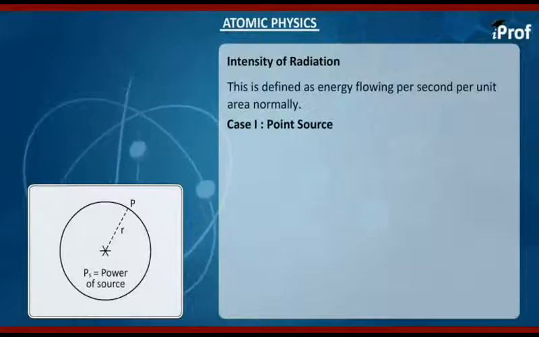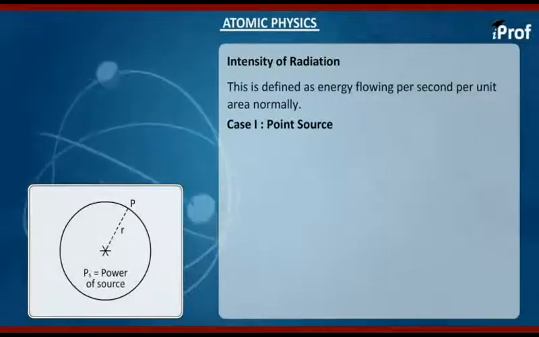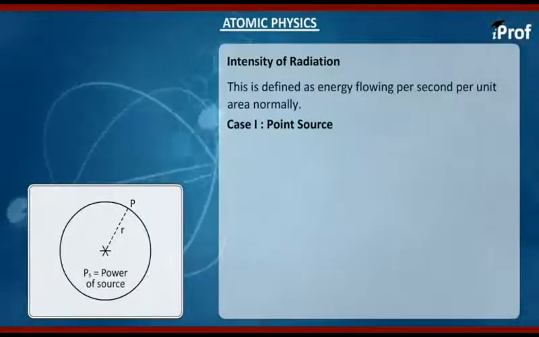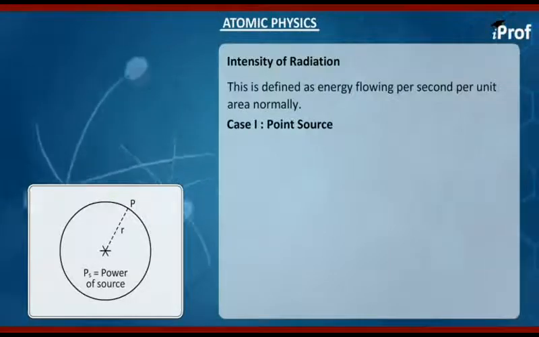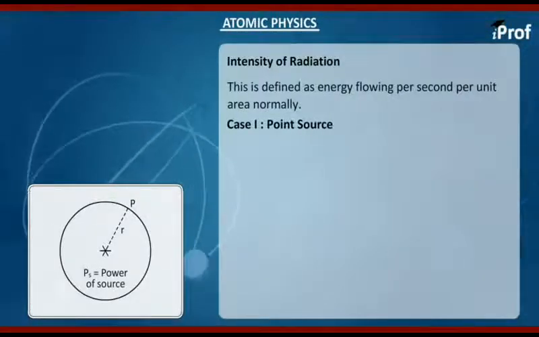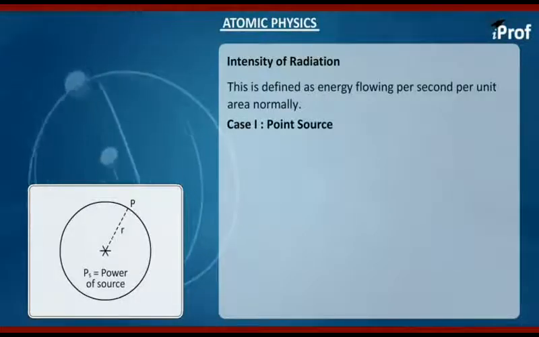To make the calculation, we can state very easily that the entire energy emitted per second, that is 40 joule, is spread over a sphere of radius r. All this energy is incident on the surface of the sphere normally.